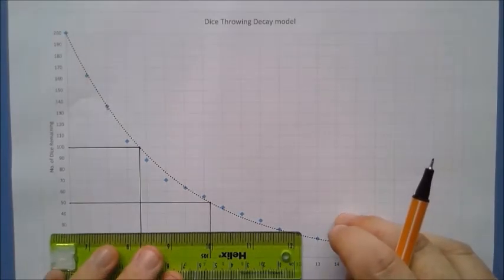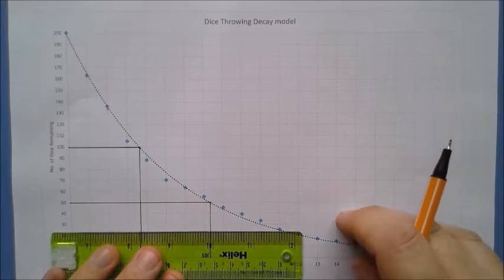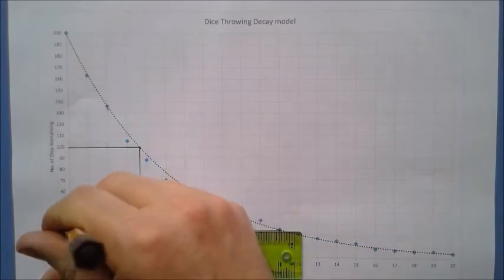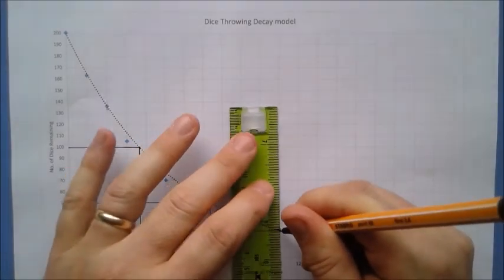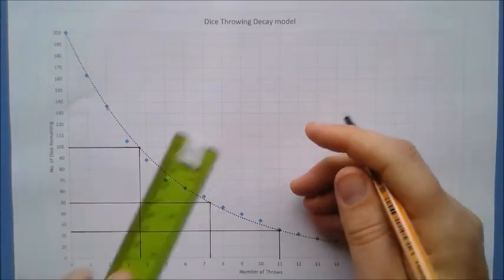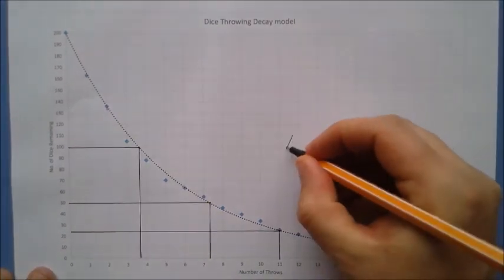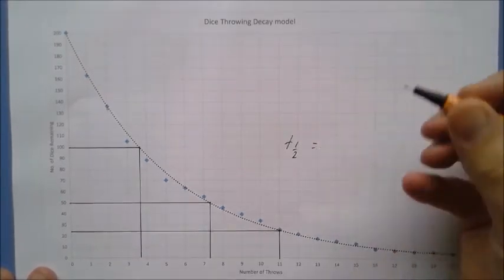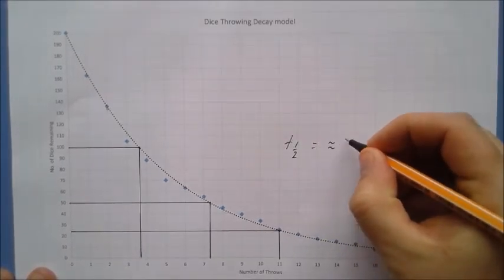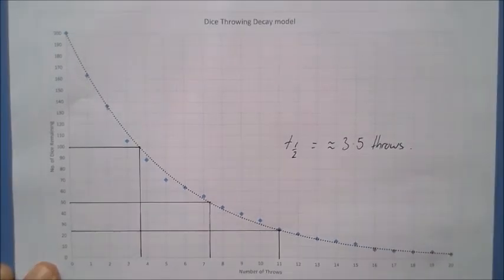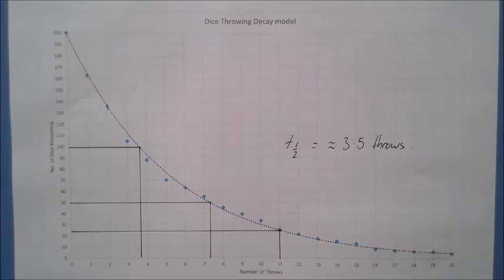So if we go to 25, just over 7 to 11 is about another 3.5. So the half-life for the dice throwing is approximately 3.5 throws. If we do this in the exam, we always do at least 2 half-lives, so 2 sets of lines.